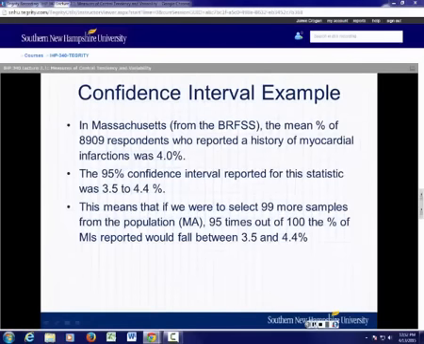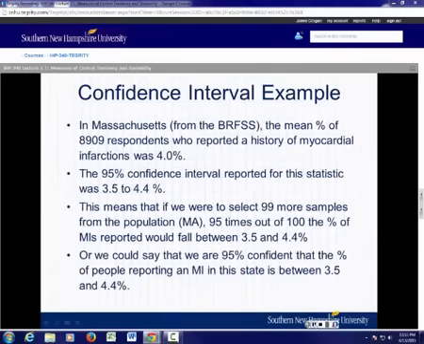So the first sample that was drawn was these 8,909 people. They had a heart attack rate of 4%. If we were to redo this survey 99 more times by selecting 99 more samples and then asked them this question about heart attack rate, we would find that about 95 times out of 100 the sample's heart attack rate would come out to be somewhere between 3.5 and just about 4.5%.